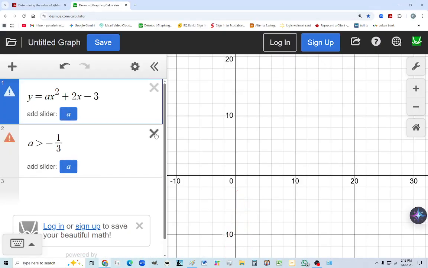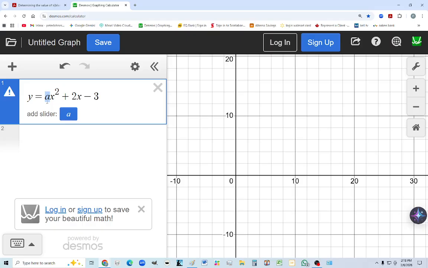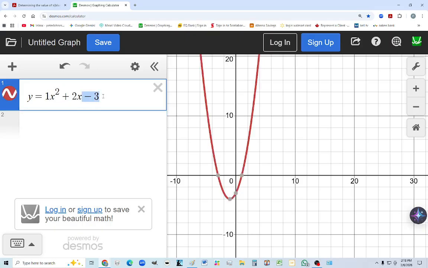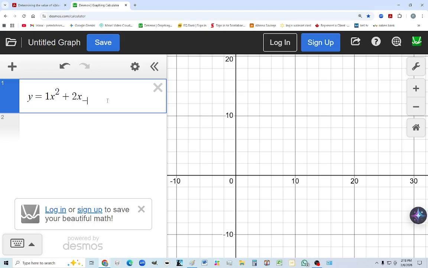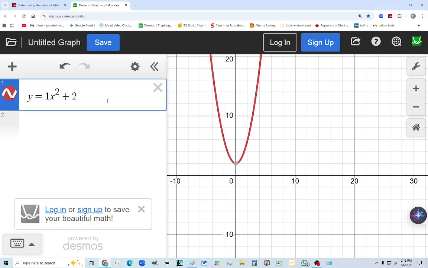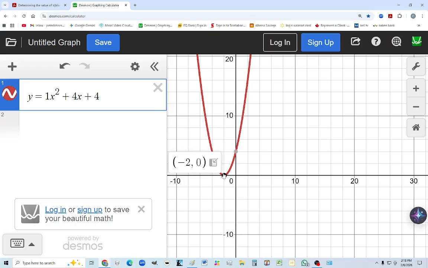So according to me, when this is 1 and this is positive 4, the potential answer for having an x-axis that touches once is both 4. There it is, 4.